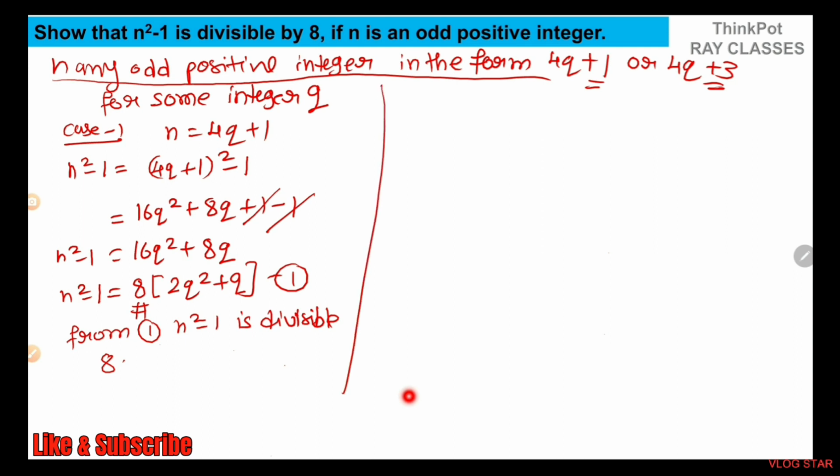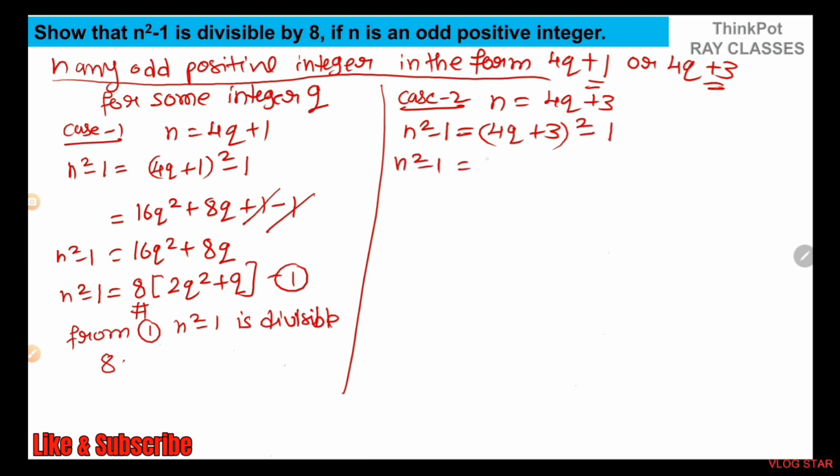Okay, then we can take case 2. Let's suppose in case 2 we are taking n is equal to 4q plus 3. Let's find out n square minus 1. What we will get? It's 4q plus 3 whole square, then we have minus 1. Using a plus b whole square, you will get 16q square plus 24q, then we have plus 9 minus 1.